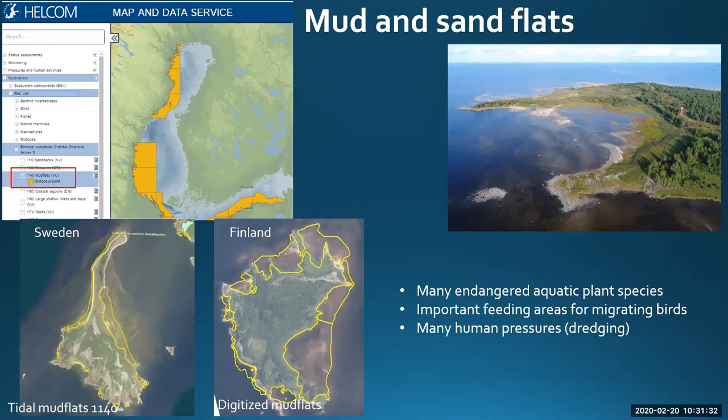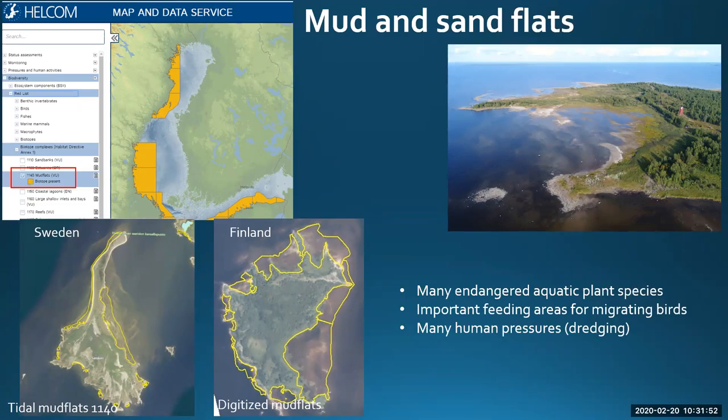But then when we have been talking together, we realized that we do have a lot of these mudflats. They're just not tidal, so they are not Natura habitats, but they are really important habitats because very many endangered aquatic species live there.